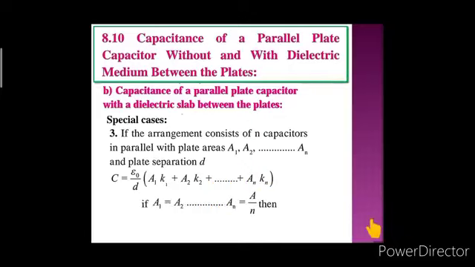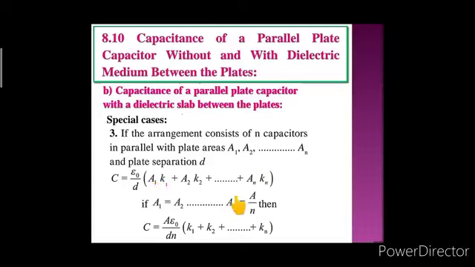Now if A1 is equal to A2 is equal to A3 is equal to An, we are taking as A upon n. Then the value of C we can write as epsilon naught upon d, in bracket we are having A1 into K1.